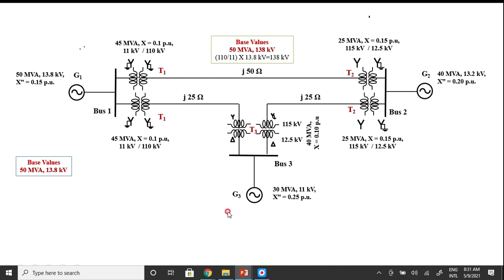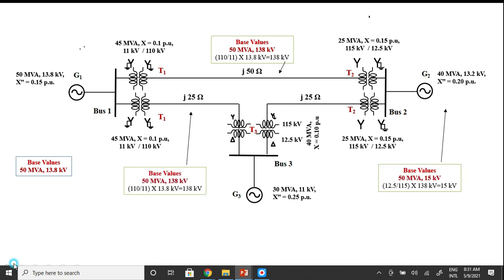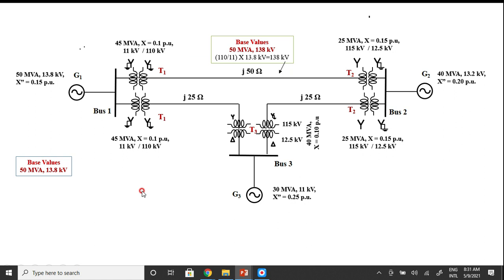Just look here, the base quantity on the transmission line side. On the transmission line side, the MVA remains the same, therefore it is 50 MVA.